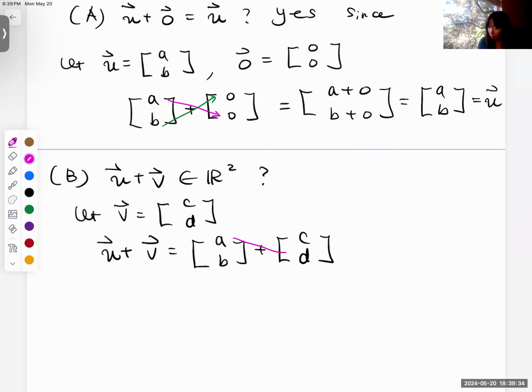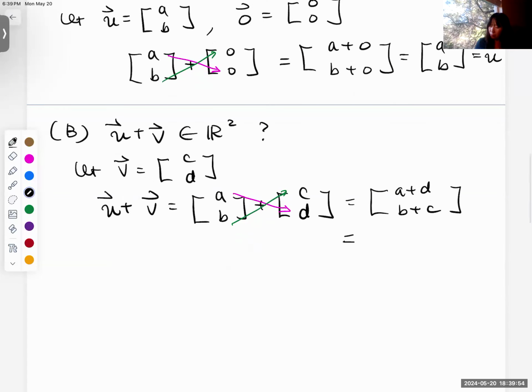Now we can calculate this way, right? By the given information in the beginning. So we have A plus D, then we have B plus C. So it's the same as we can express U plus V, right? Because (A, B) comes from vector U, (C, D) comes from vector V, right? Okay.